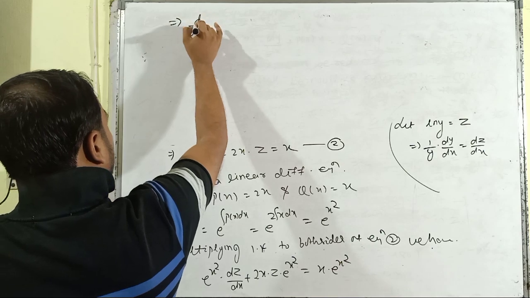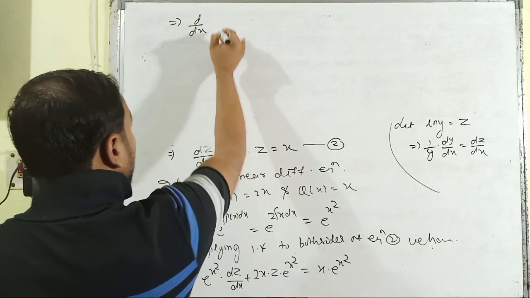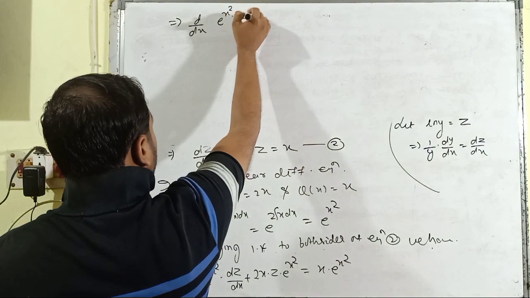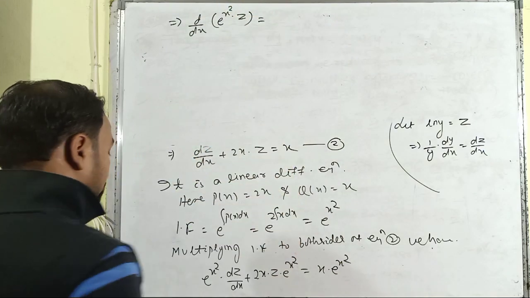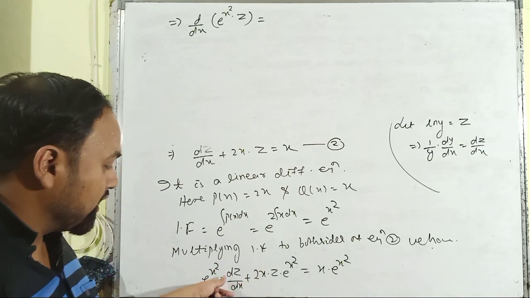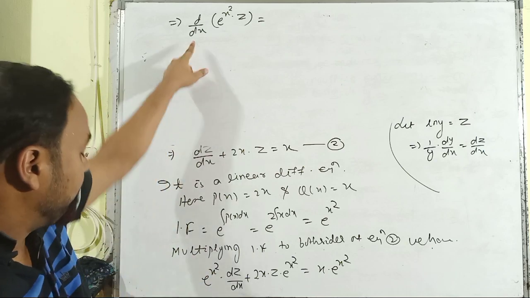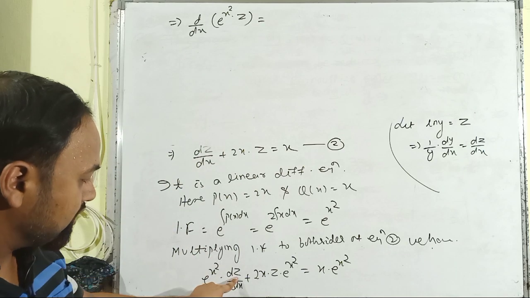So it will be the differentiation of the multiplication of z with e to the power x square, because we have already discussed so many problems based upon this fundamental. Just we have to carry this d/dx towards the outer side, and then it is the derivative of e to the power x square and this z.